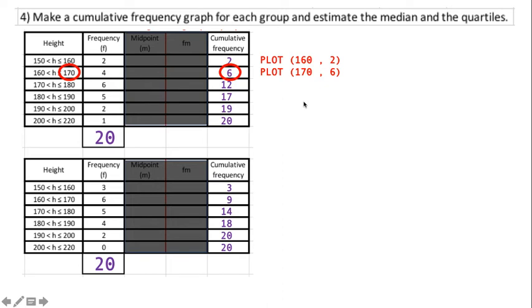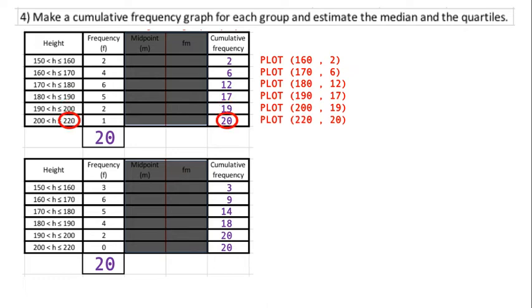And then we're going to keep doing that. It's basically the end of each category against how many people so far, to show that there are this number of people whose height is up to a certain amount. And then last of all, we're just going to plot the start of the first category against 0, and that's telling us that there are no people whose height is under 150.